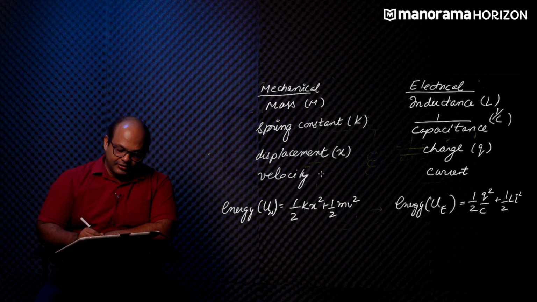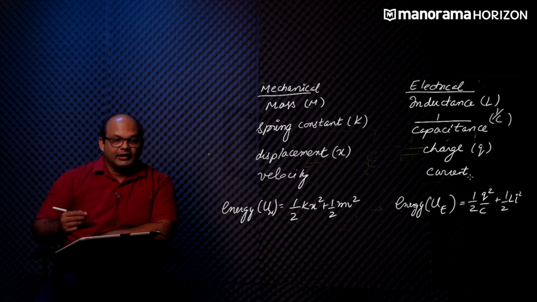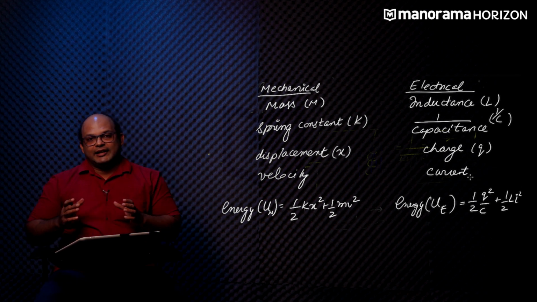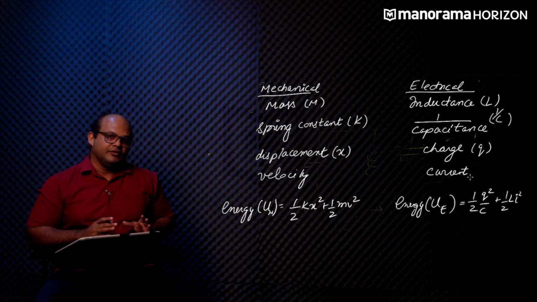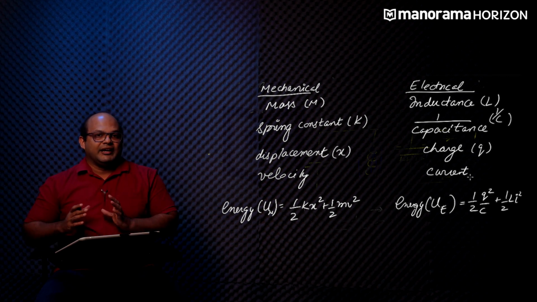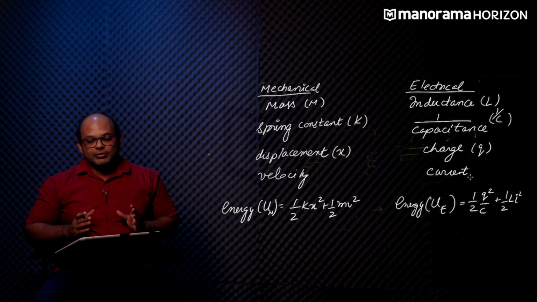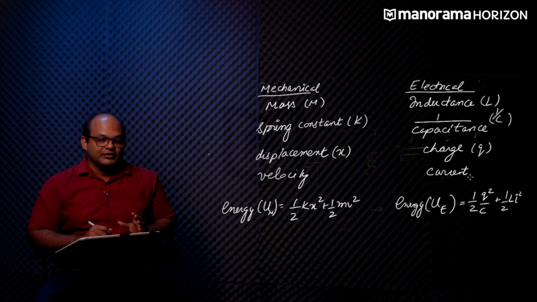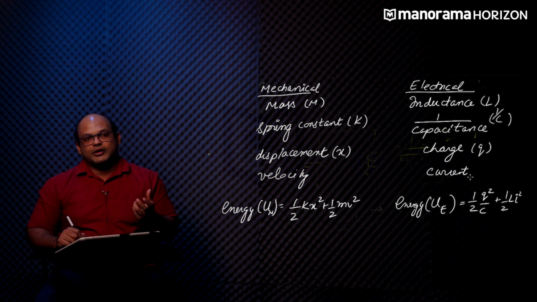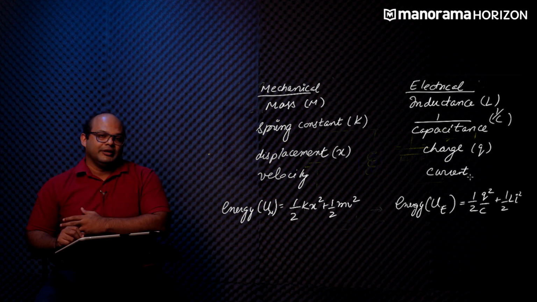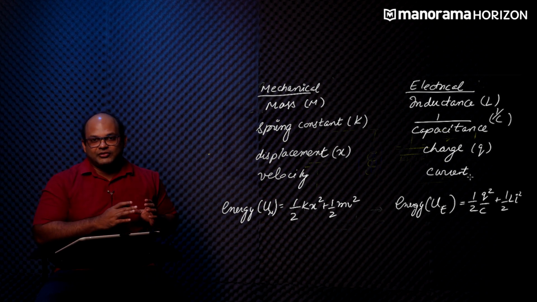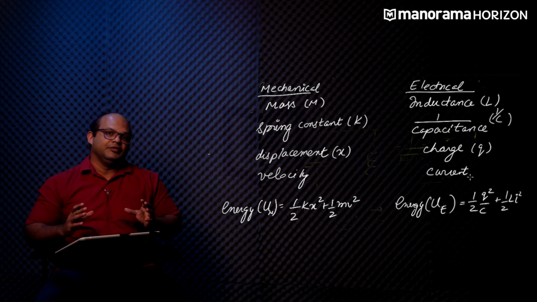So that can be defined in terms of current in an electrical system, and the total energy of the system in the mechanical case is the potential energy plus kinetic energy, that is half kx squared plus half mv squared. When we come to the electrical system, where we have a capacitance and an inductor, we have the total energy as being half q squared by C plus half L i squared, the energy stored in the capacitor and the inductor at any given time.